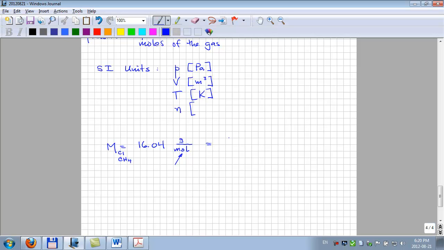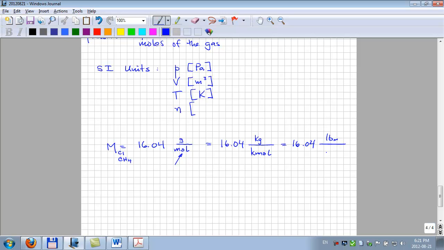But that's also equal to 16.04 kilograms per what? Per 1,000 moles, kmol. Which is equal to 16.04 pounds mass per what?